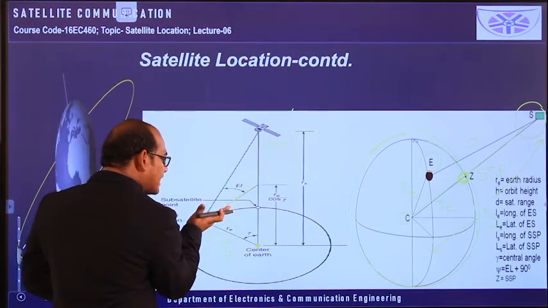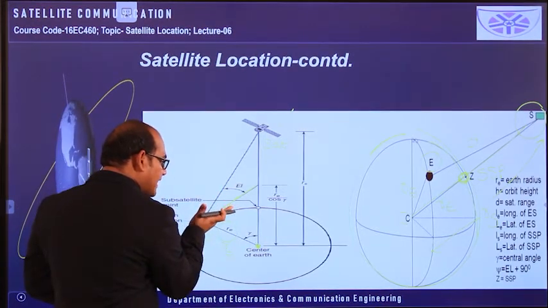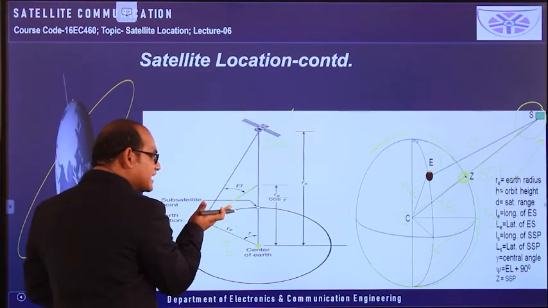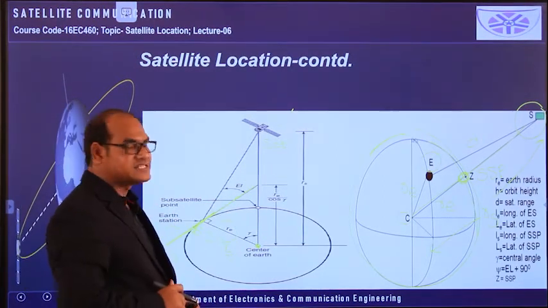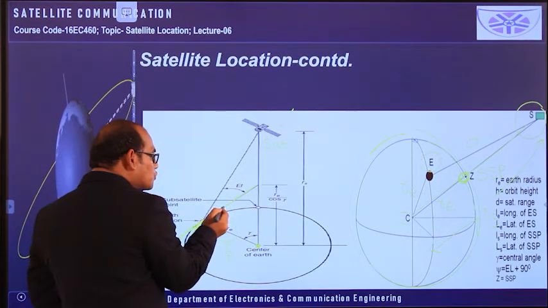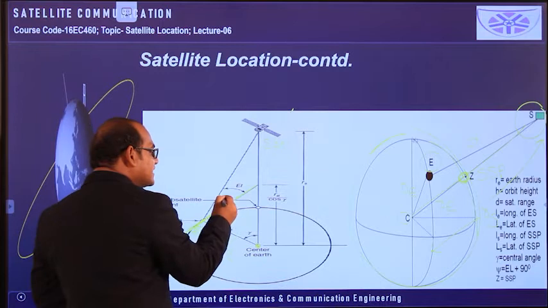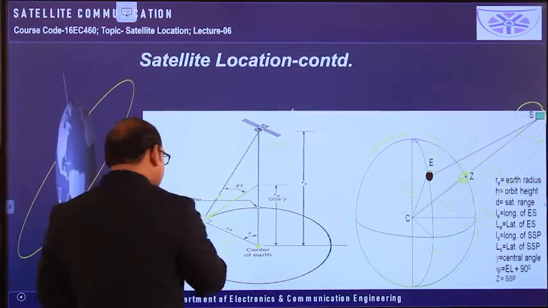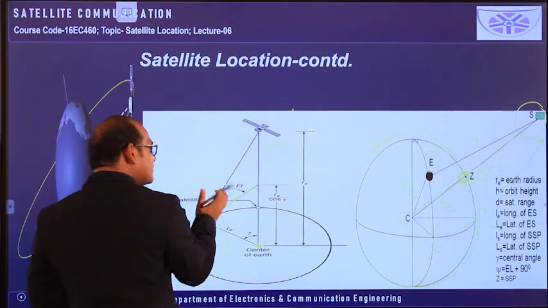locally horizontal plane. On that locally horizontal plane only, from the north towards the east side, we have to take the azimuthal angle distance. After traveling that much distance, we have to look towards the satellite by having the elevation angle. From the locally horizontal plane, we have to see the elevation angle.